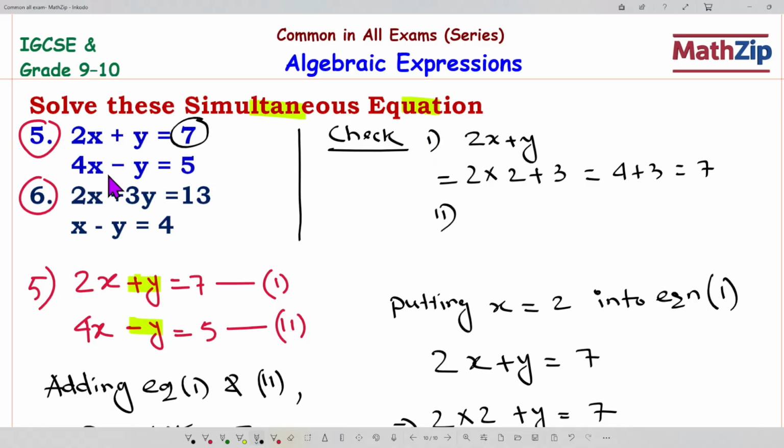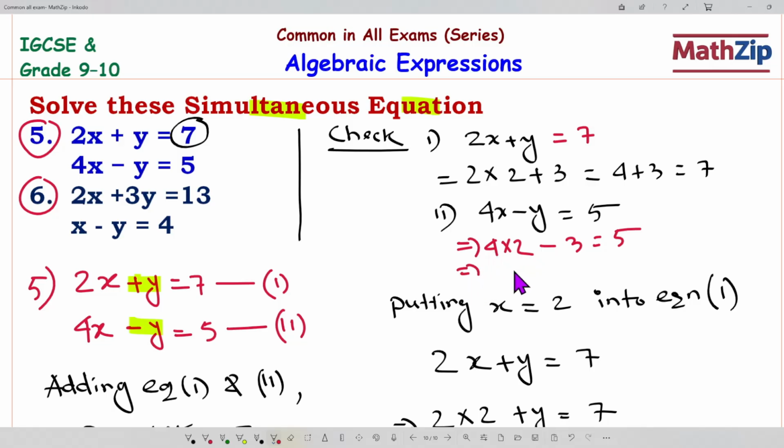Another part, here is 4x minus y equals 5. Now look, here 4 times 2 minus y, which is 3, equals 5.